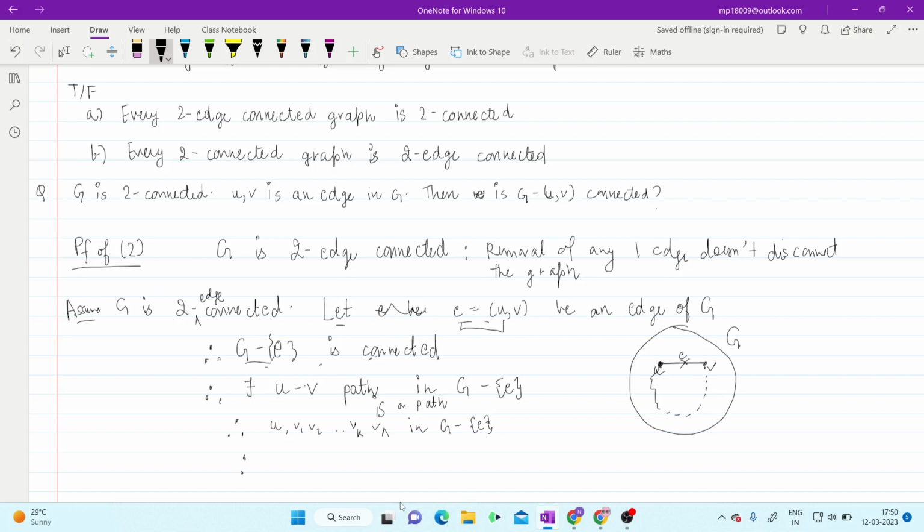Isn't this a cycle? If we go along this path and then this edge, this will give us a cycle, right? So basically u, v1, v2, vk, v, and then u. This is a cycle containing e.